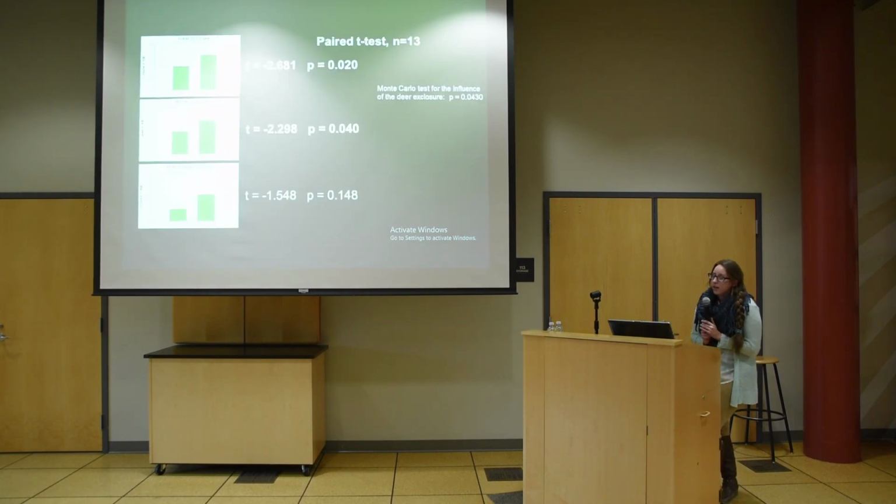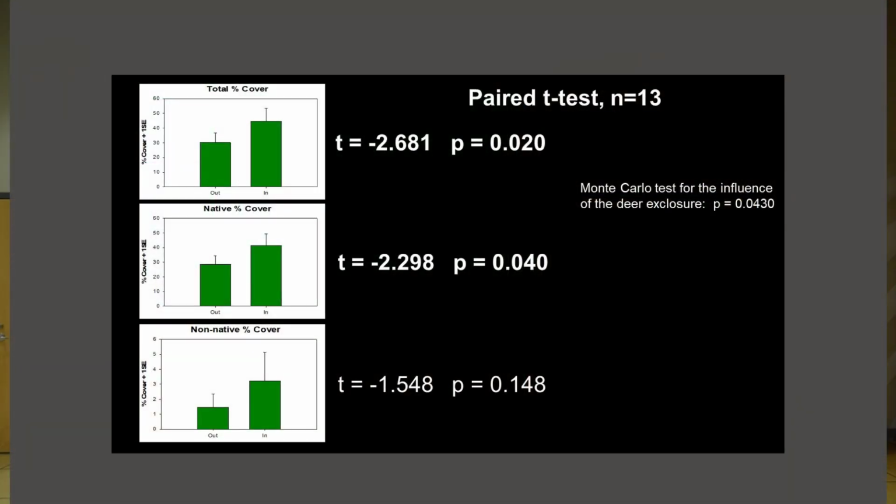So looking at the data that I have here, this is our canopy cover. Looking at it, the first two, you can see that it was less than 0.25. Overall, looking at all of the 13 exclosures at Reinstein, we do have a significance that we have more cover inside than outside, which is great. And also, which is also good, our native cover is significant as well, which shows that there is more cover inside than outside, which we hypothesized.